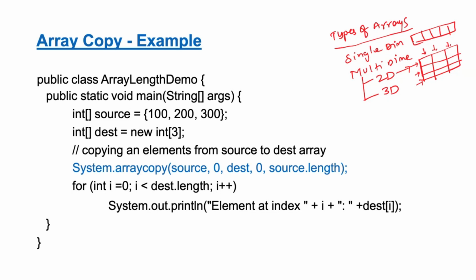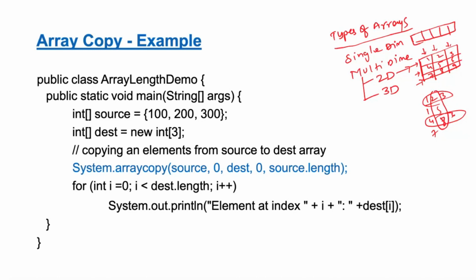So for example, there is 1, 2, 3, 4, 5, 6, 7, 8, 9. I can read the data as 1, 2, 3, or also I can read the data as 1, 4, 7. Then 4, 5, 6, or 2, 5, 8. So this is one way, and this is another way of reading the data.